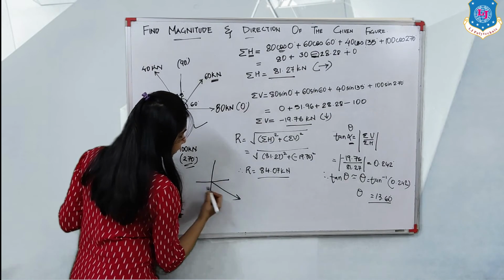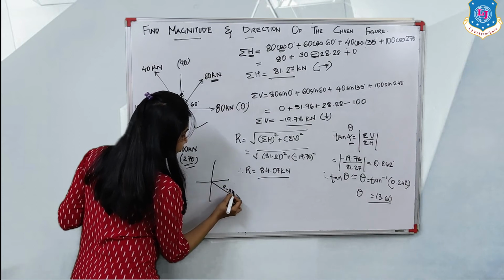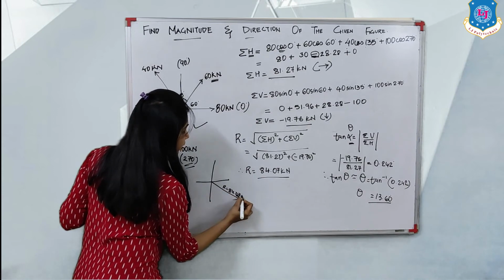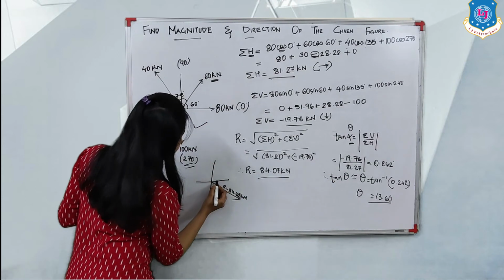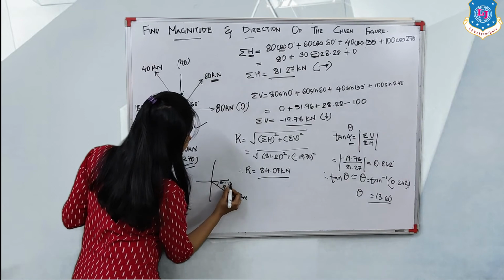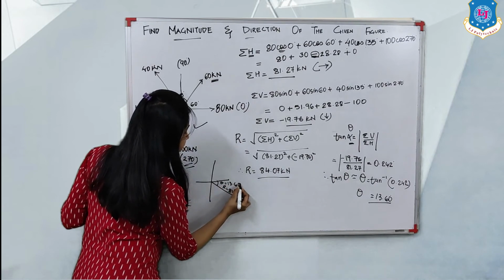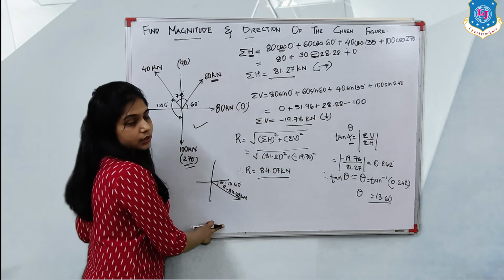Using our resultant, which is 84.07 kilonewton, with our theta. How much is theta? Theta is 13.60 degree and it will be in the fourth quadrant.